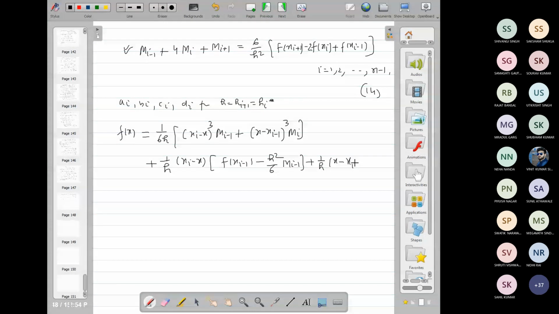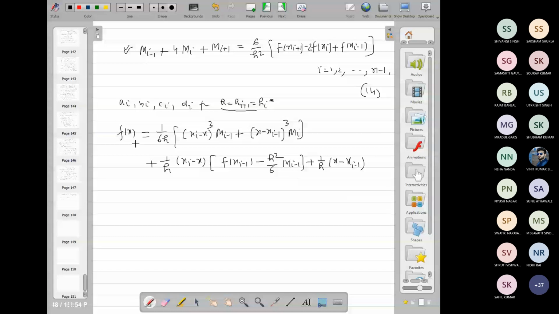Substitute the values of ai, bi, ci and di with hi equal to hi plus 1 equal to h, the equidistant values. So the cubic spline curve is given by f(x) is equal to this.